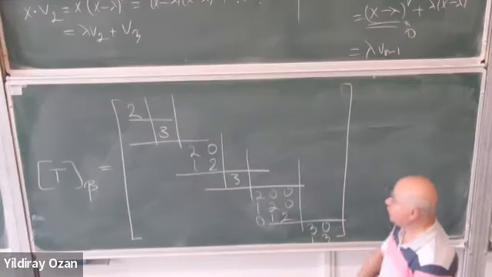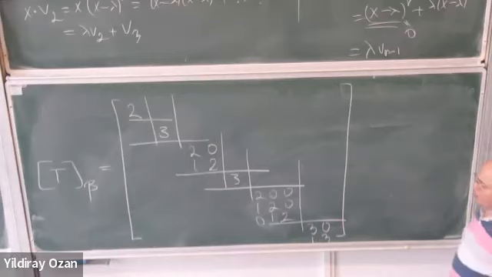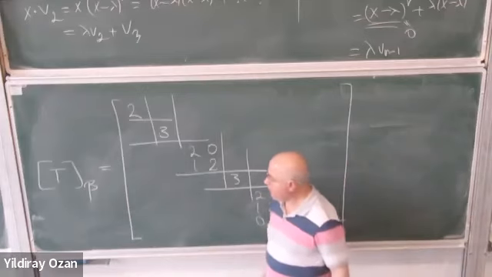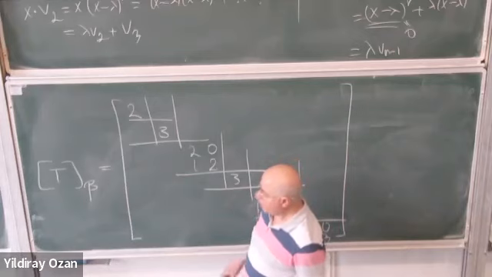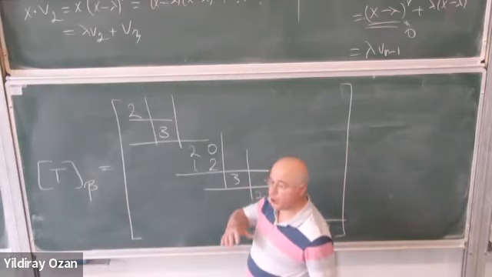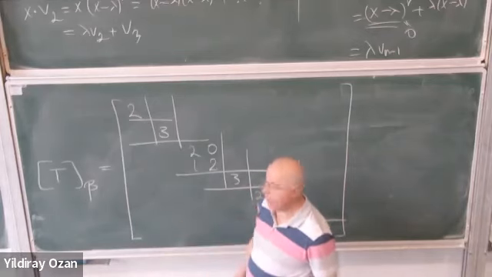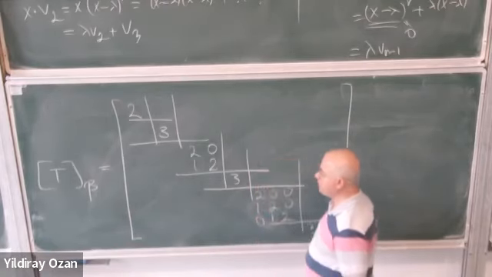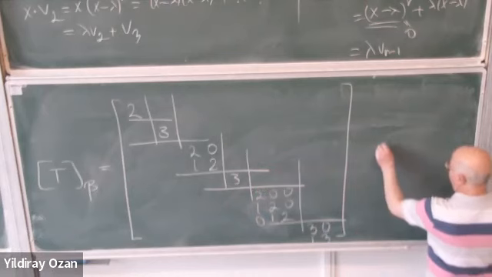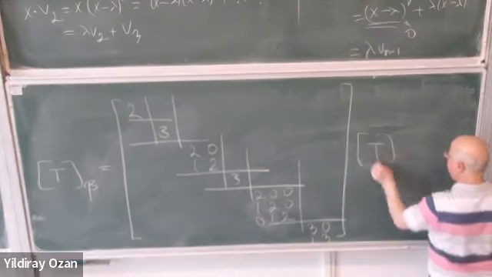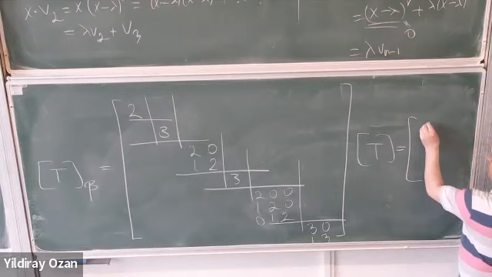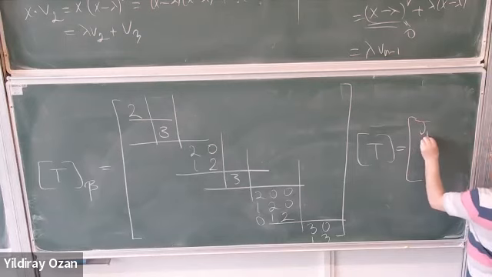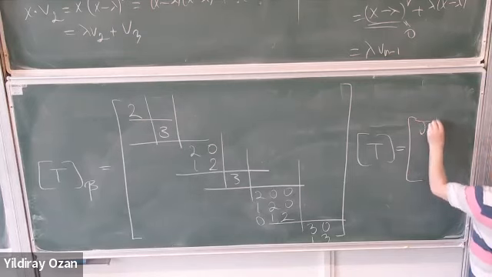So what's the Jordan canonical form? What we have seen so far is that if our characteristic polynomial is a product of linear factors, then there is a basis, and on that basis, T has a matrix representation consisting of blocks like this.